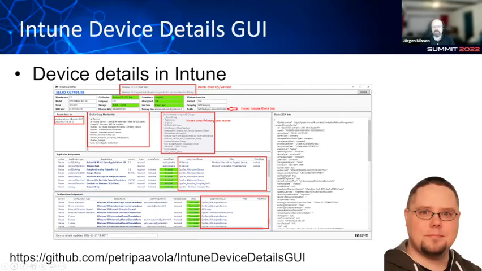Another one which we haven't played around with, but which is quite cool, is from Petri in Finland. It's basically a device details view that I can think of being incorporated in another tool or something like that, because it includes everything. It includes all the information of the device that we need to troubleshoot as well.